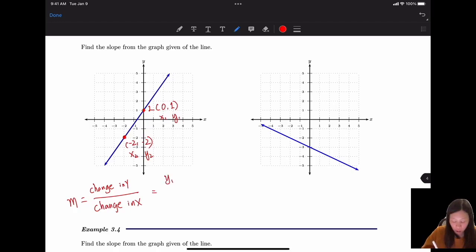So the change in y would be y1 minus y2. That's how much it changes from y1 to y2. And then the change in x is x1 minus x2. So y1 is 1, y2 is -2. Remember, it's subtraction.